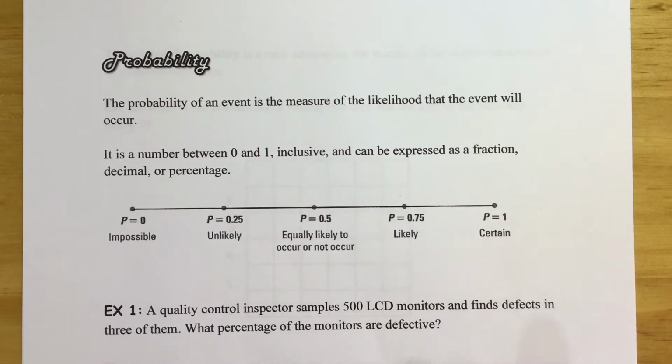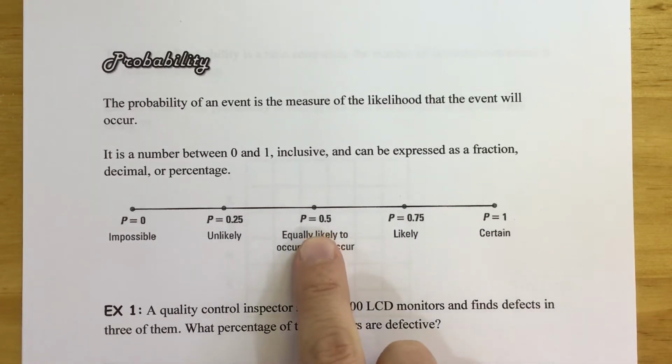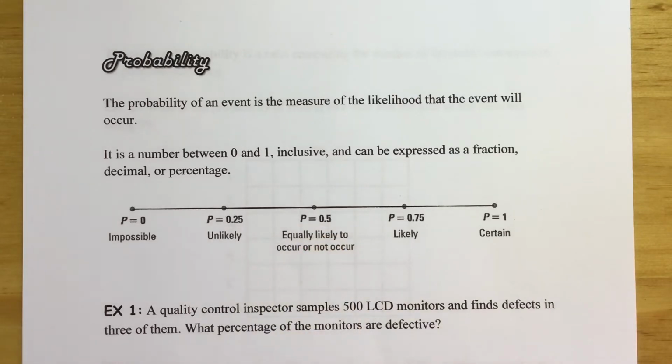Then you have a range within those numbers that you can use to describe the likelihood. Right in the middle, a 0.5 or 50% probability means that it is equally likely to happen or not happen. An example of that would be flipping a coin and it landing on heads. It's either going to land on heads or it's not, and there's not a favorable side. It's not more likely to be heads versus tails.